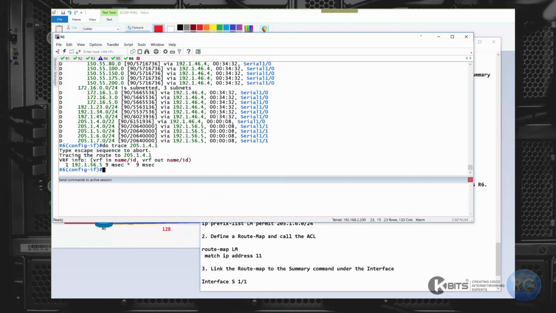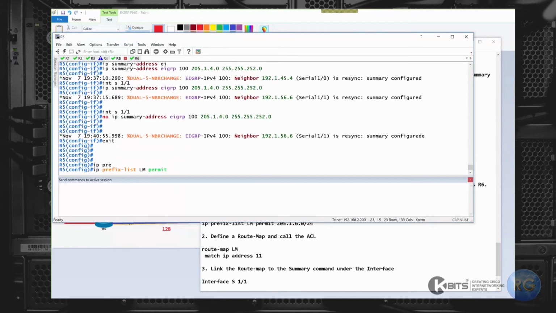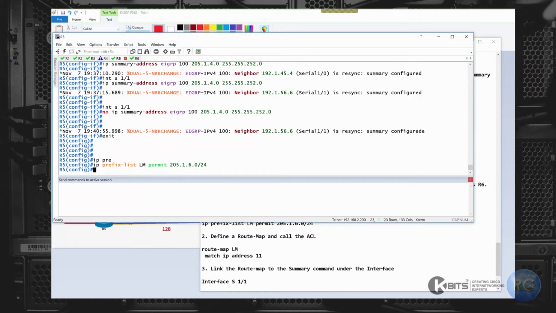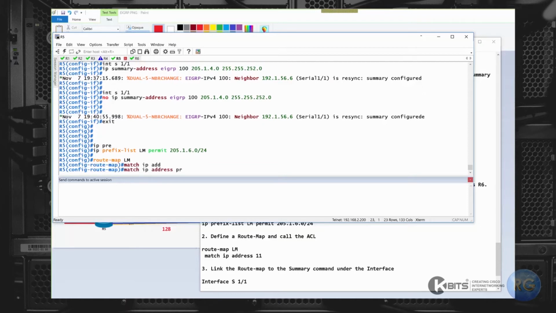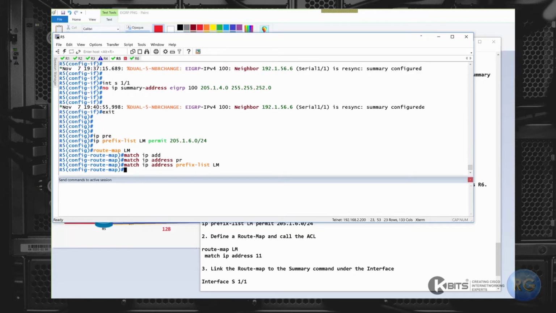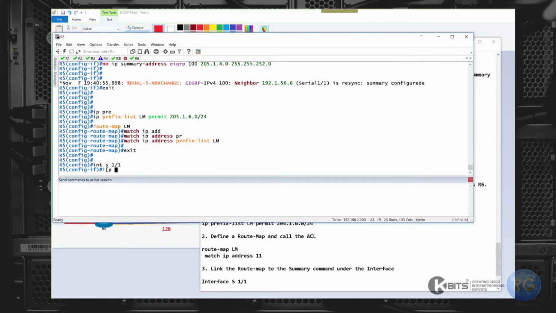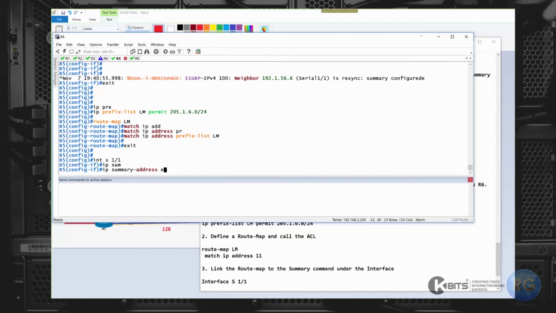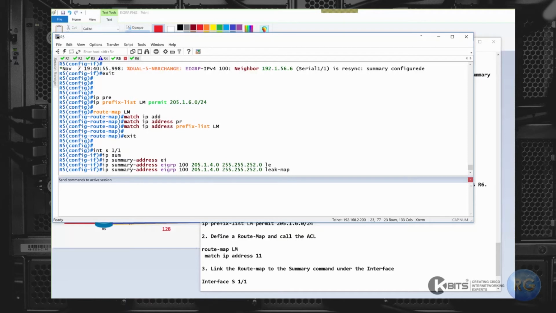So I'm going to go to R5, ip prefix-list LM permit 205.1.6.0/24, route-map LM, match ip address prefix-list LM. Good. And then I would go under my interface, the slow link, and I'll say my summary address. ip summary-address eigrp 100 205.1.4.0. This is my summary address, leak-map, and LM.